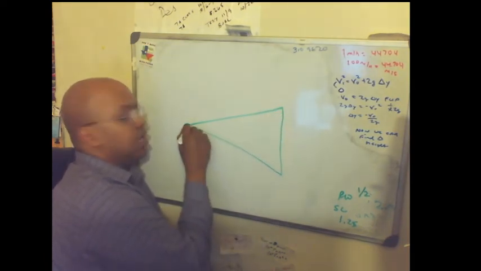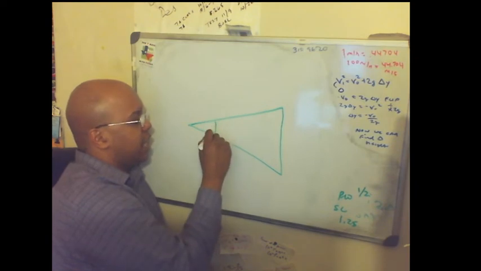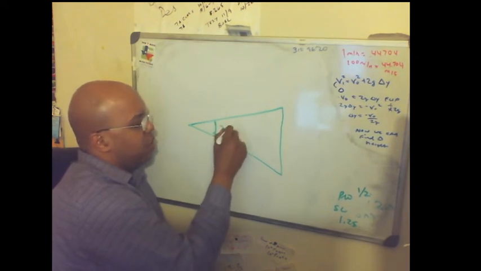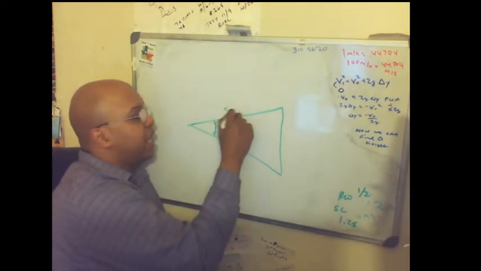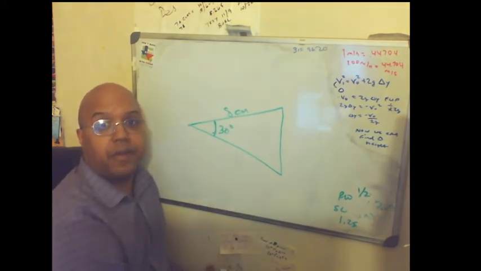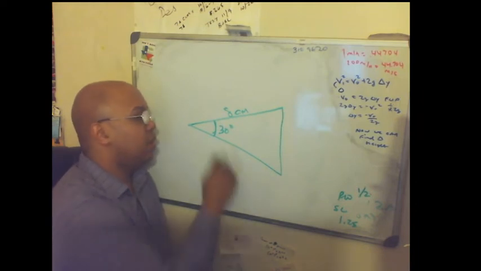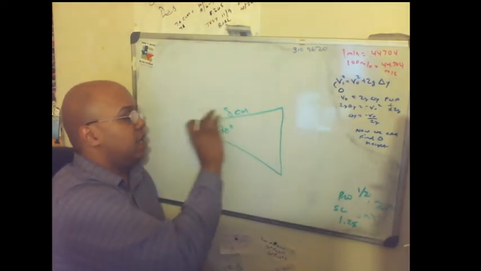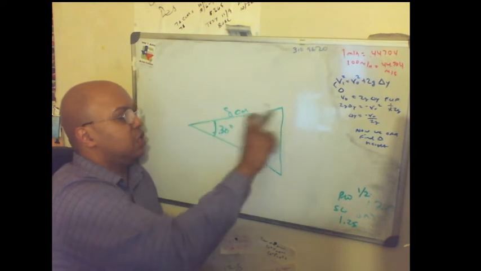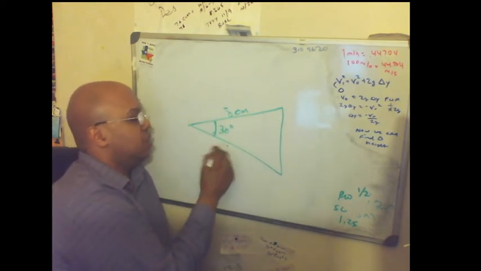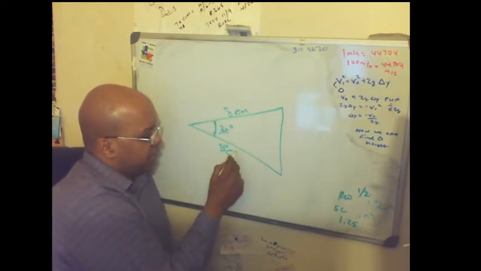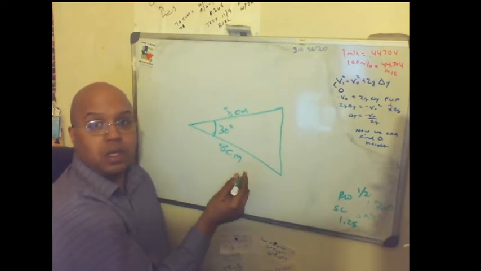Alright, it looks like this, and there is a 30-degree angle in here, and then there's 8 centimeters here. And I'm not sure if, well, this looks like it's not equilateral, but the two sides are the same. So this is 8 centimeters as well.